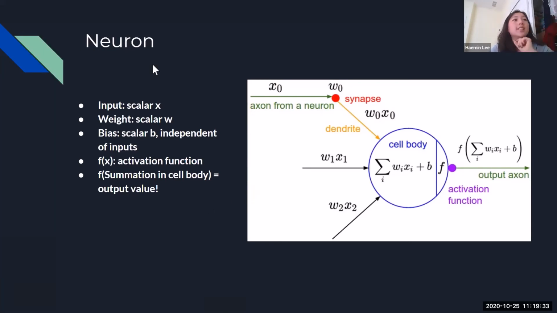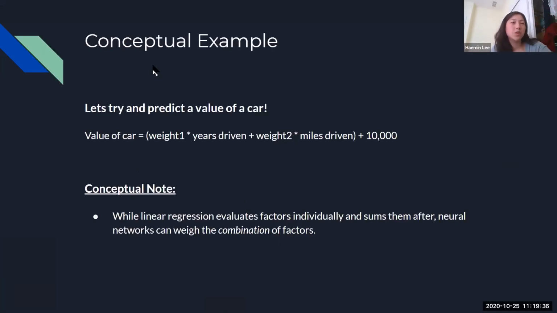Let me explain what it means in a more conceptual example. If you're trying to use a neuron to predict the value of a car, let's say the two inputs you want are the number of years driven and the number of miles driven, right? I actually know nothing about cars, but I'm assuming one factor is more important than the other.